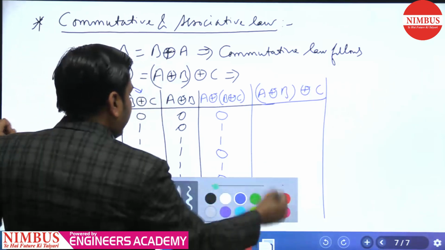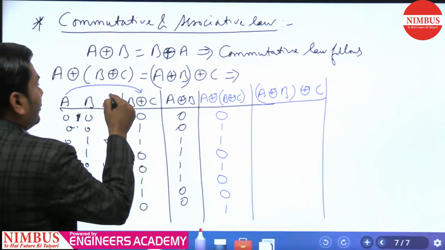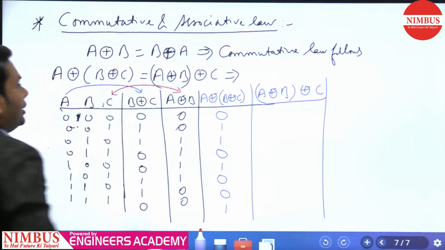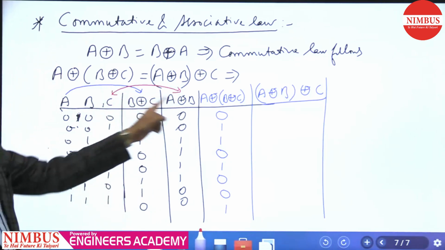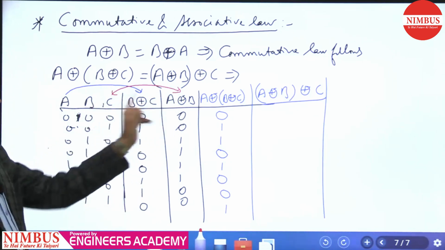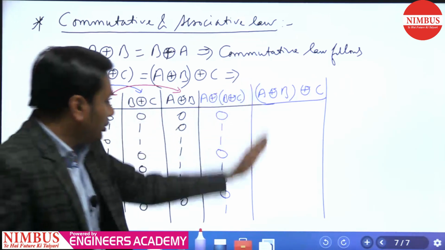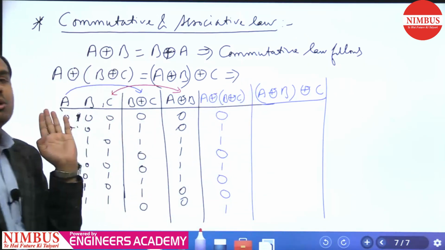Now we have to perform A XOR B, then XOR with C. If that gives the same output, that means both are the same.